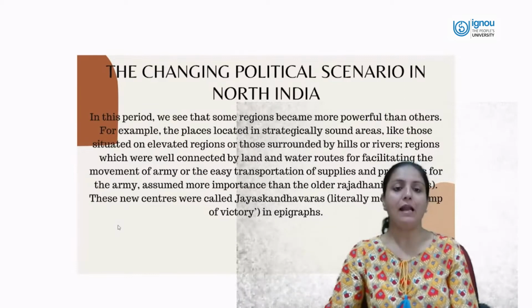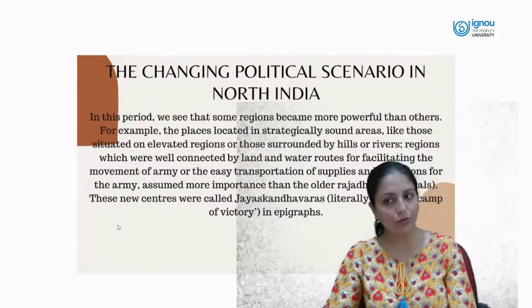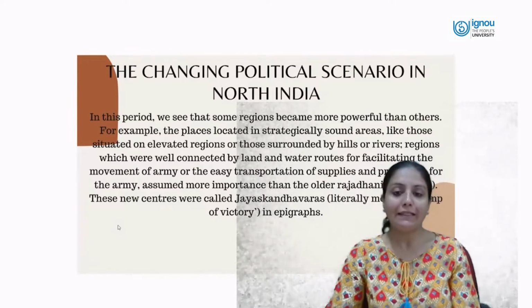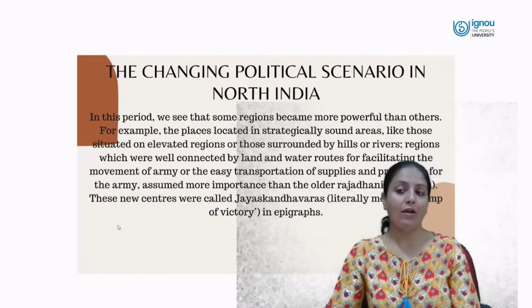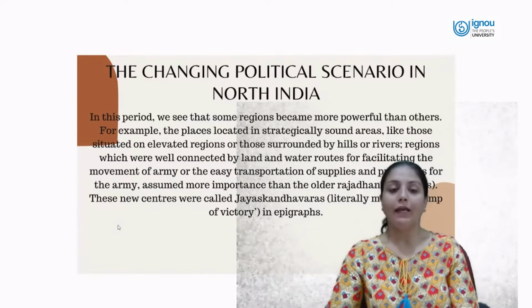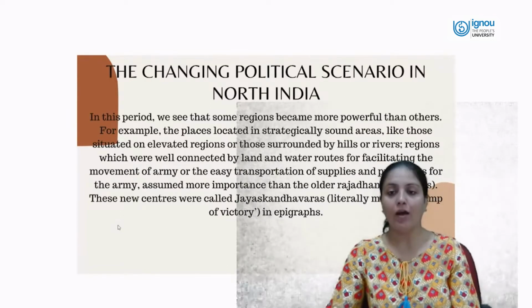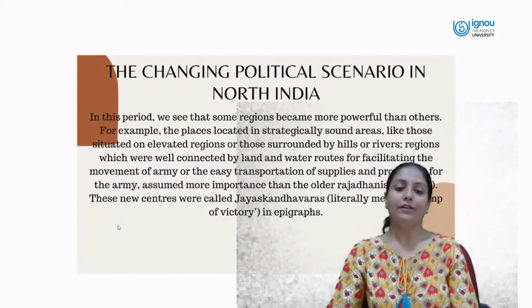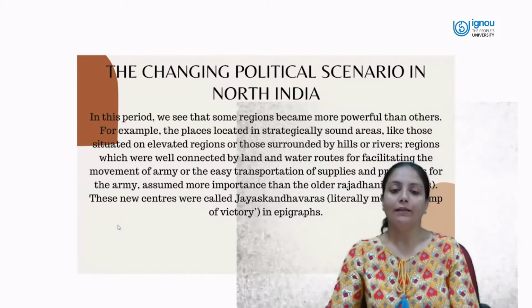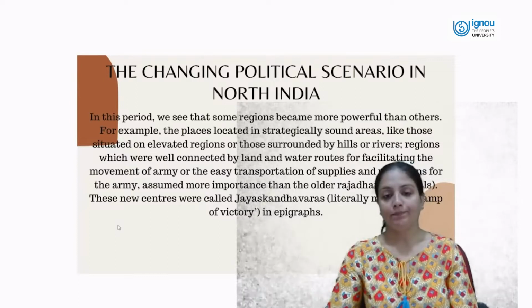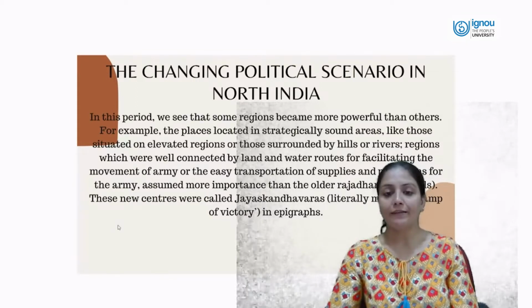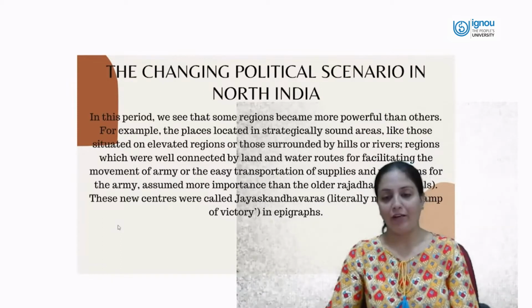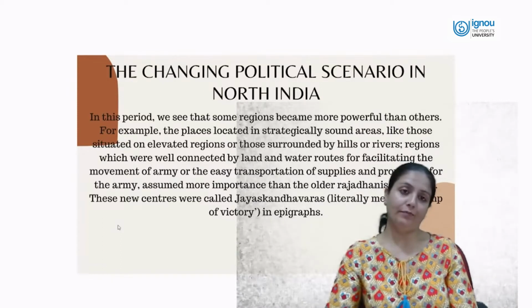Regions which were well connected by land and water routes, facilitating the movement of the army or the easy transport of supplies and provisions for the army, assumed more importance than the older Rajdhanis. These new centers were called, what were they called? Jayaskandhavaras, literally meaning camps of victory in epigraphs.